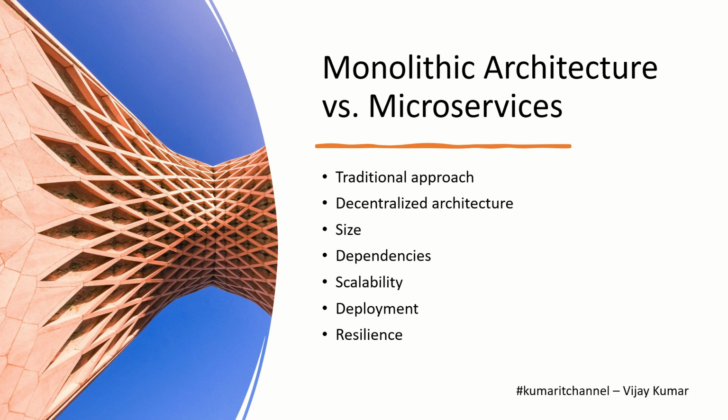In a monolithic architecture, all the different components of the application are tightly integrated and coupled, and changes to one component can have an effect throughout the entire system. So that is about the monolithic architecture, right?